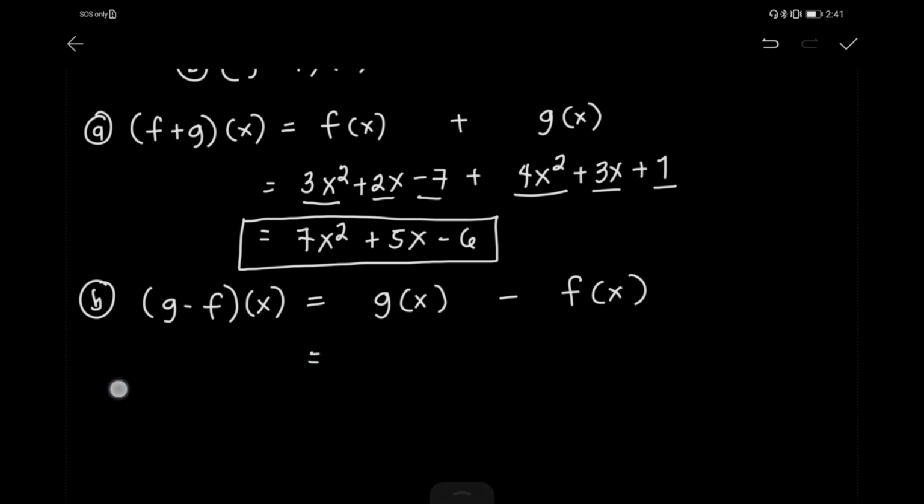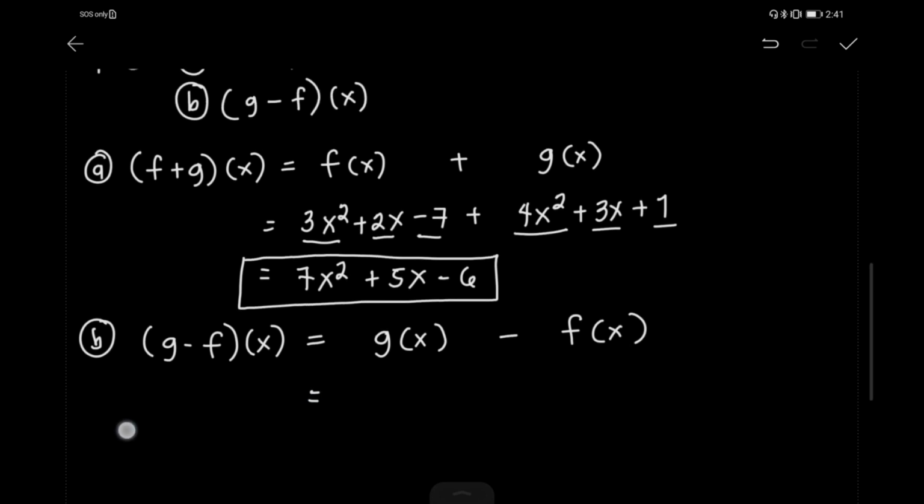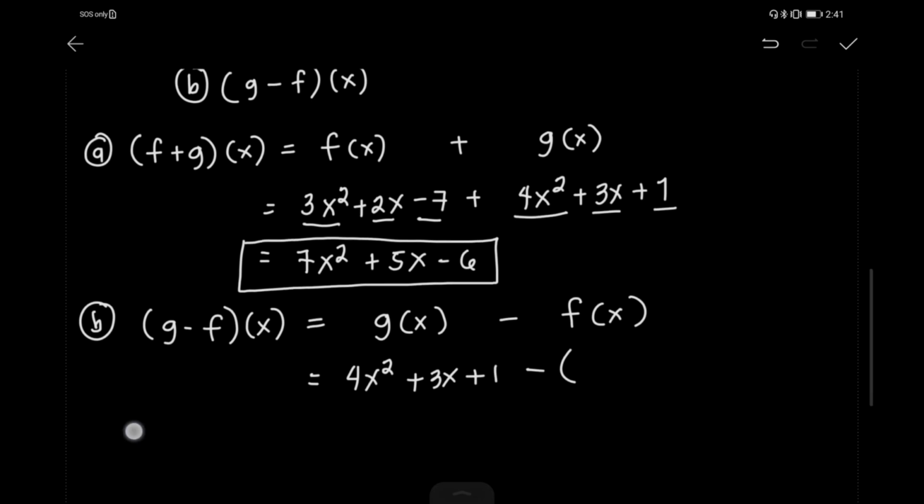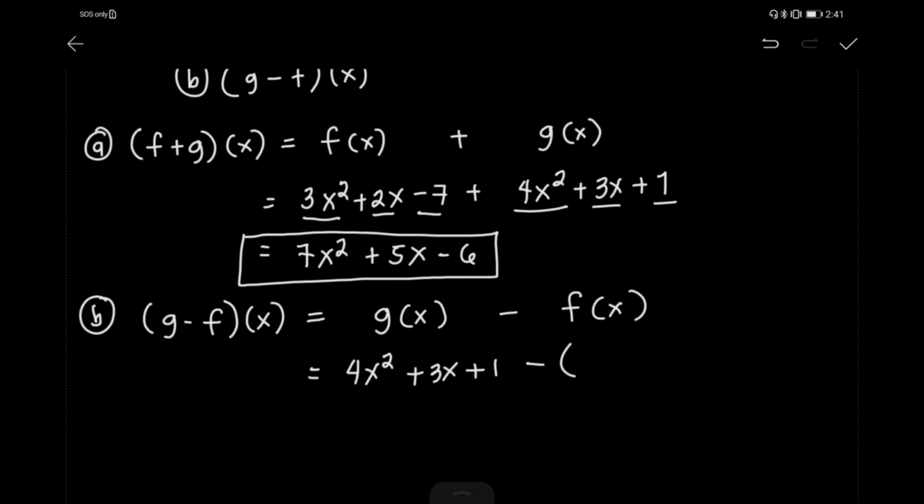So substitute. So what is the value of our g of x? So we know this is 4x squared plus 3x plus 1, then minus, put a close and open parenthesis. So this is 3x squared plus 2x minus 7.